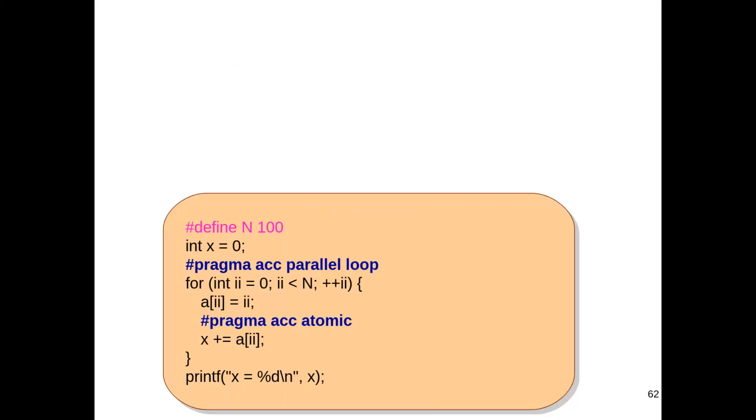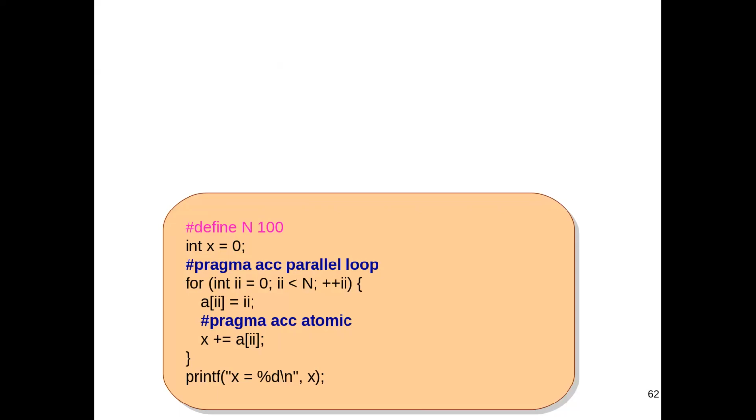Why? Because the number of threads is limited. Let's say n threads are there in the worst case. The maximum amount of time that a thread needs to wait is proportional to this n. And each thread is going to execute this instruction, x plus equal to a of i, in a finite amount of time, and therefore there is a bounded wait when it comes to atomic instructions.